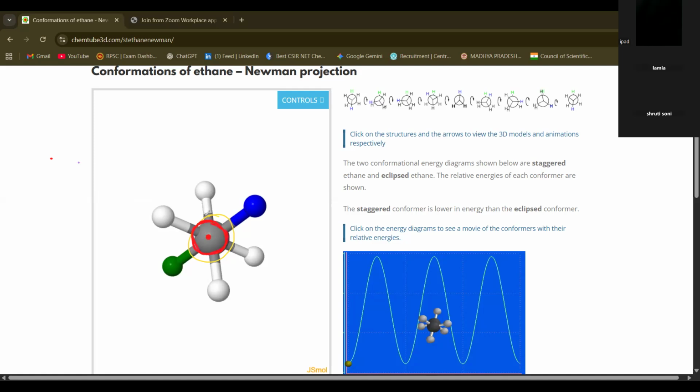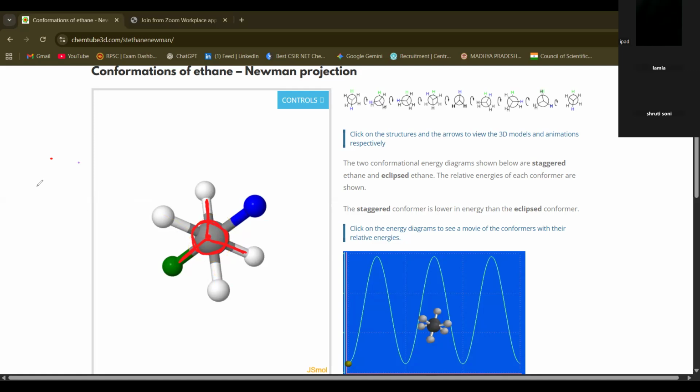Now, with the first dot carbon, how many bonds are there? For the front carbon, we are having only three bonds.